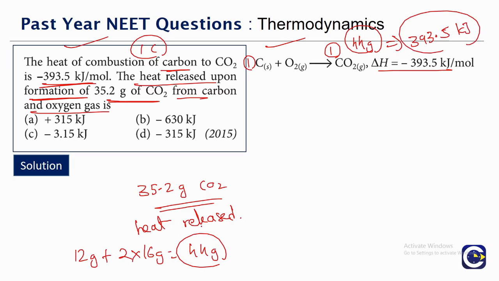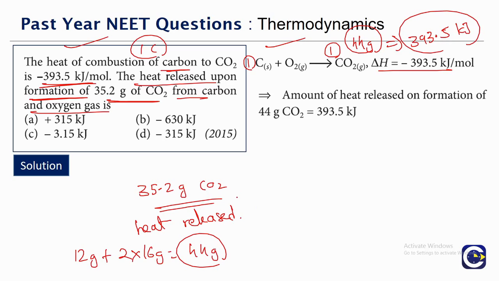So for the reaction, delta H negative implies that much amount of energy is being released. This basically tells us that when 44 grams of CO2 is formed, we get 393.5 kilojoules of energy released. But to form 35.2 grams of CO2, how much energy will be released?